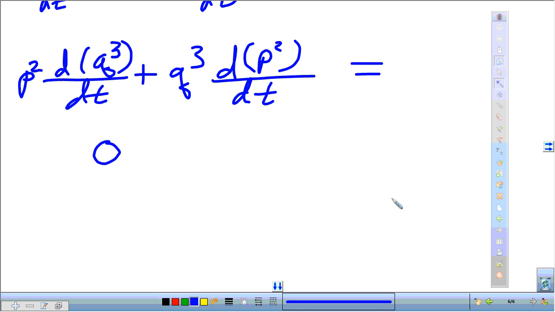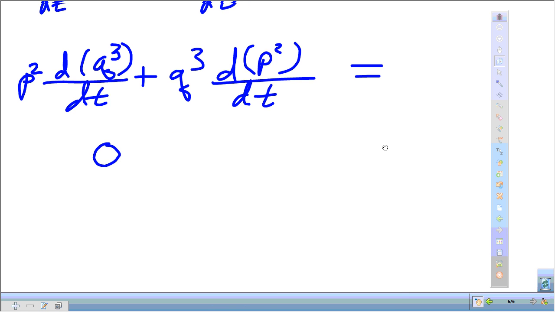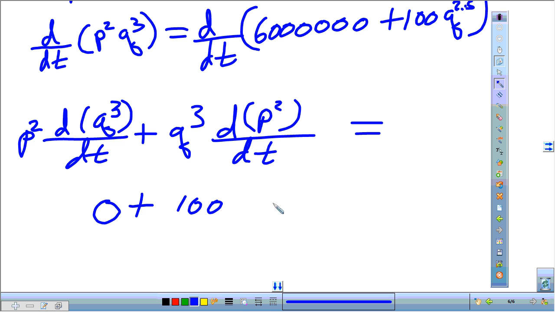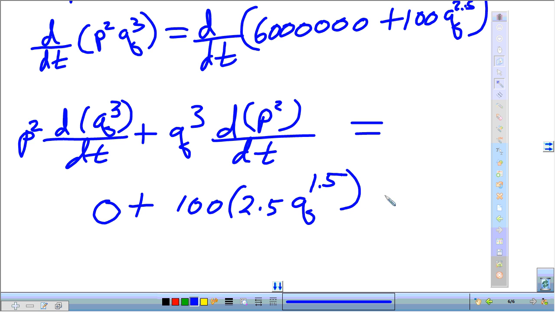On the right side, I have the derivative of a constant plus 100 and the derivative of Q with the power exponent 2.5. So that would be 2.5, the variable, subtract 1, and we would have an exponent of 1.5.